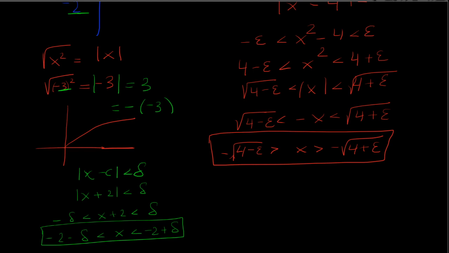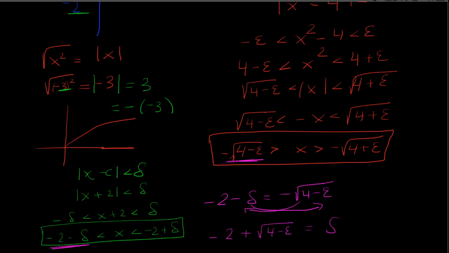Okay. Now what we have to do is set the bounds equal to each other. So we'll set the lower bounds equal to each other. So we have negative 2 minus delta equal to the negative square root 4 minus epsilon. And I'm going to move the delta to the right and the square root to the left to get negative 2 plus square root 4 minus epsilon equal to delta.